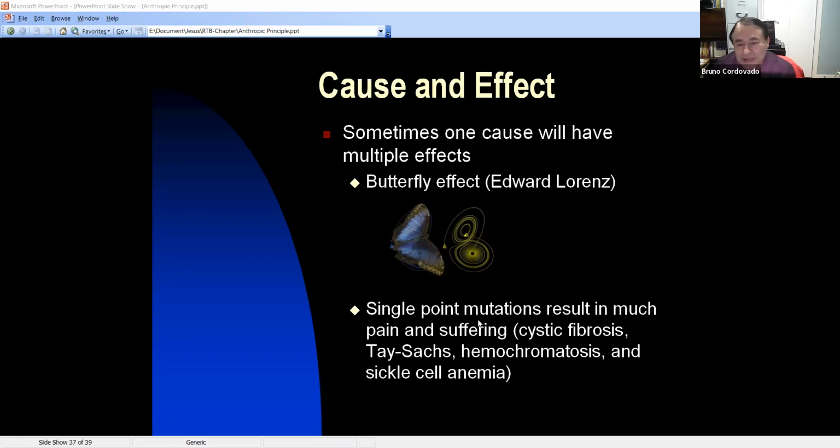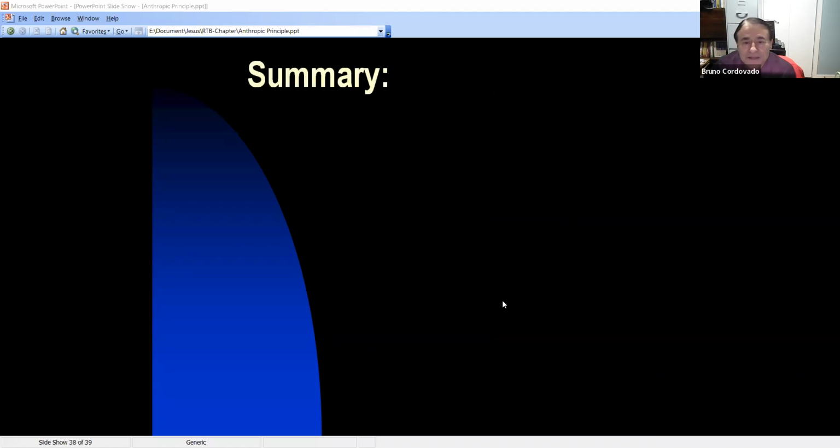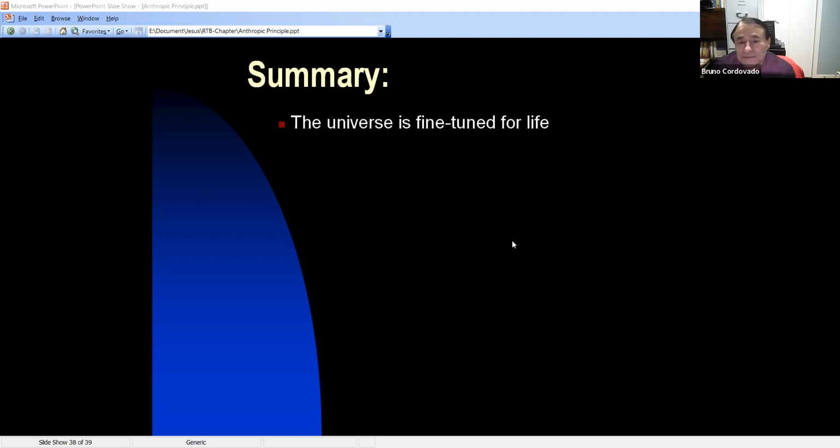We know that mutations in your DNA can cause much suffering and pain, cystic fibrosis, sickle cell anemia, and other diseases. And we know that one bad decision sometimes can have multiple devastating consequences. So in summary, what I've talked about is that the universe is fine-tuned for life.